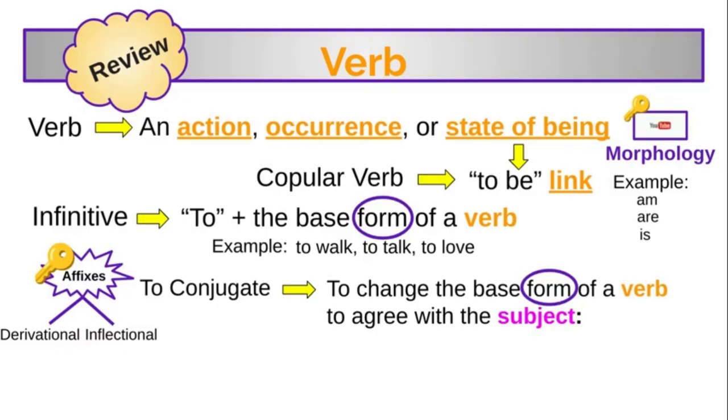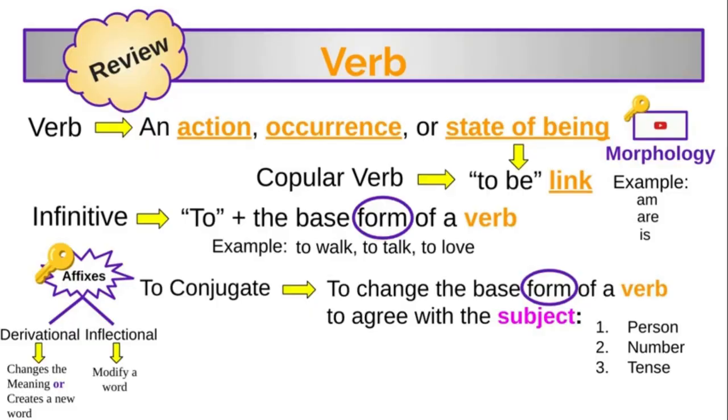A derivational affix does change the meaning, or a derivational affix can create a new word from the base form of a word. An inflectional affix modifies the word. It does not change the meaning. It just simply modifies. And that's what we're going to be using in this lesson. We're going to be using inflectional affixes to modify our verbs to agree in person, number, and tense.